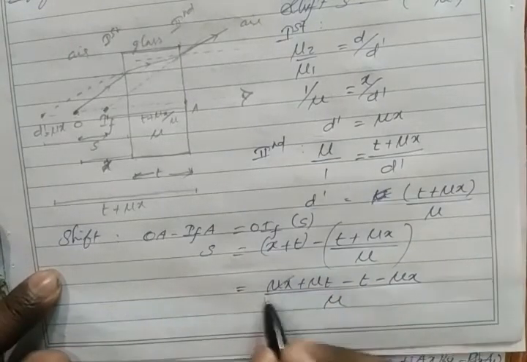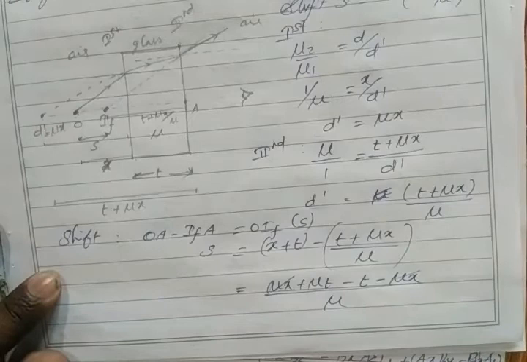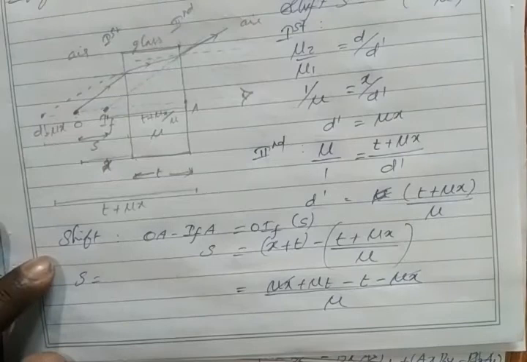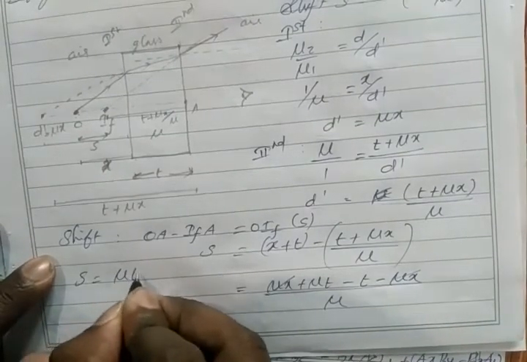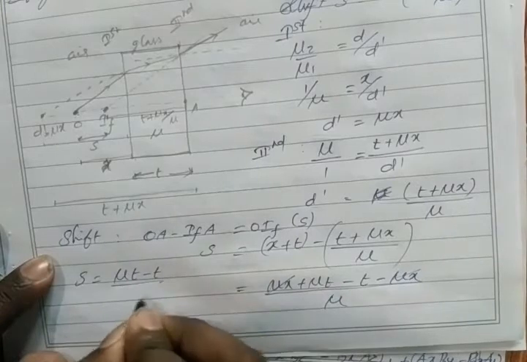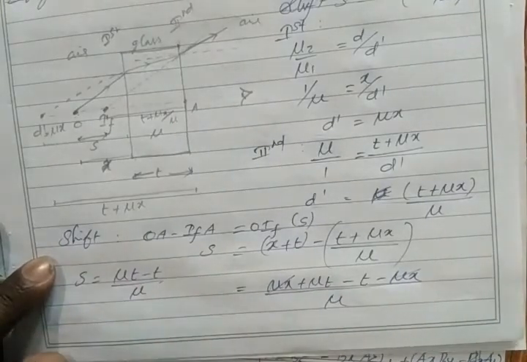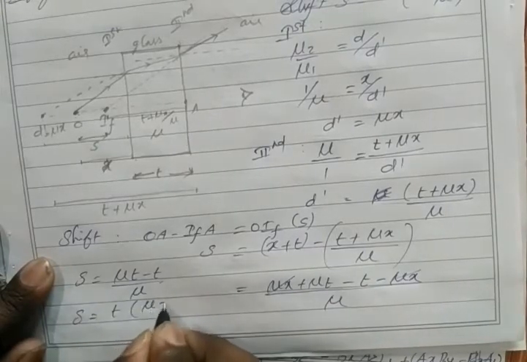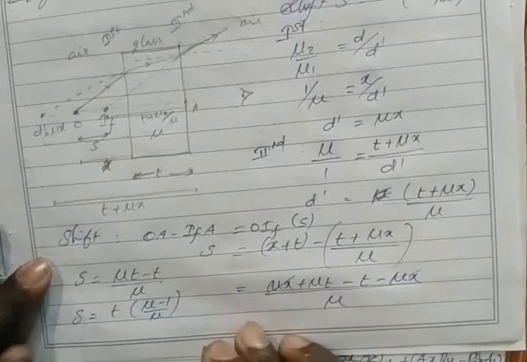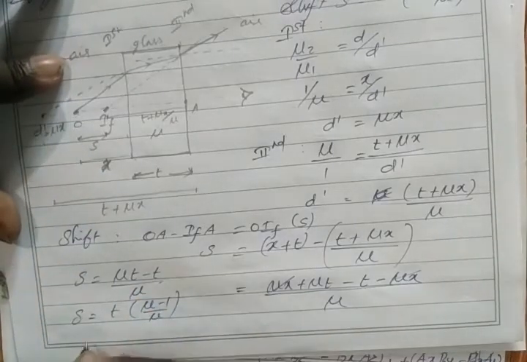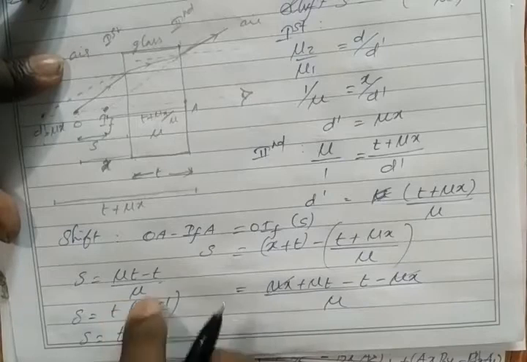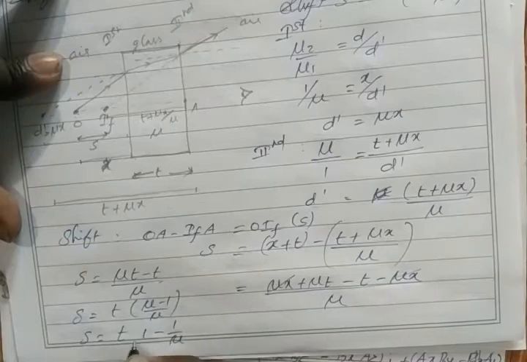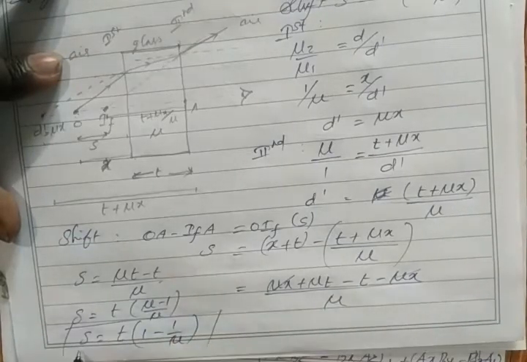Then plus mu x minus mu x gets cancelled. We have s equals mu t minus t divided by mu. Take t outside: s equals t times mu minus 1 divided by mu. Dividing, s equals t times 1 minus 1 by mu. So this is our final answer.